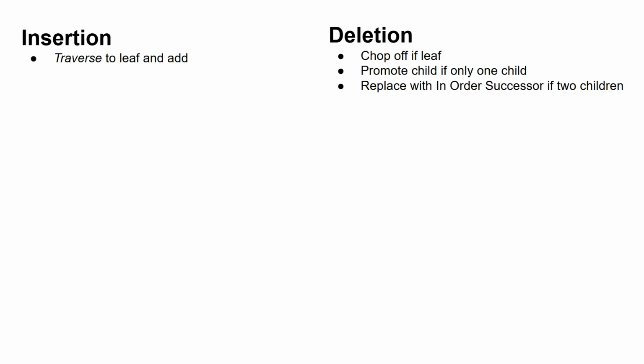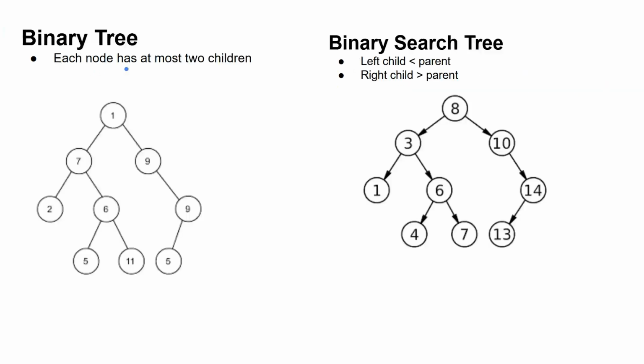When we talk about insertion and deletion within a binary search tree, we have a few different scenarios, but insertion is quite simple: we simply traverse to a leaf and add. Now, we know that a leaf is any one of these nodes here at the bottom, where we have no more children attached to them.